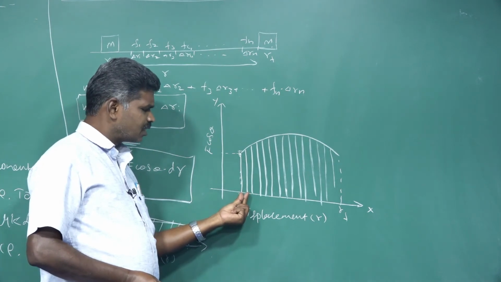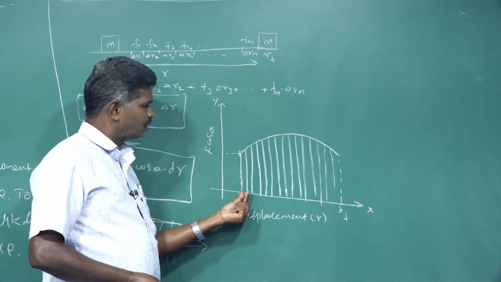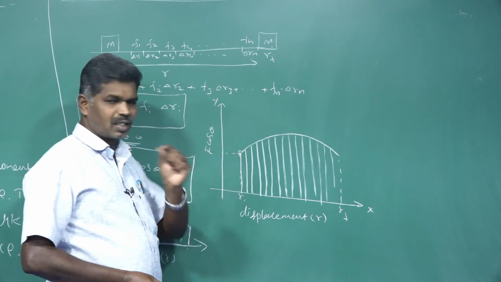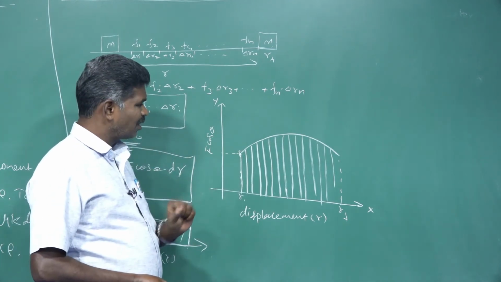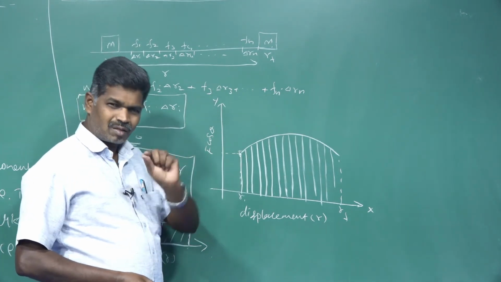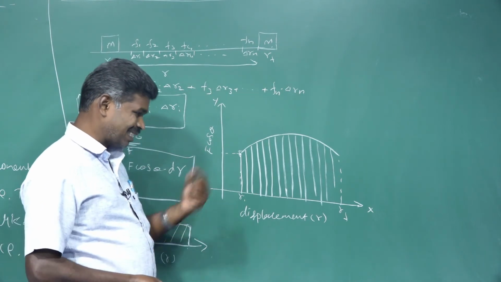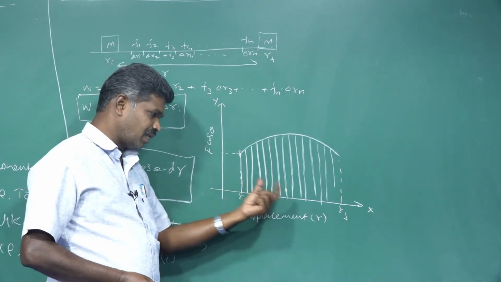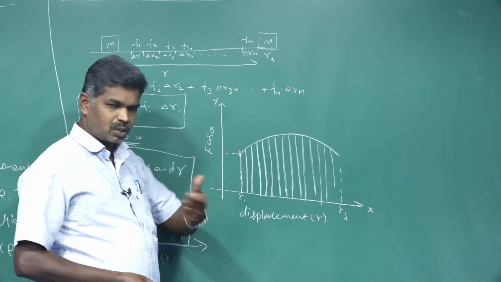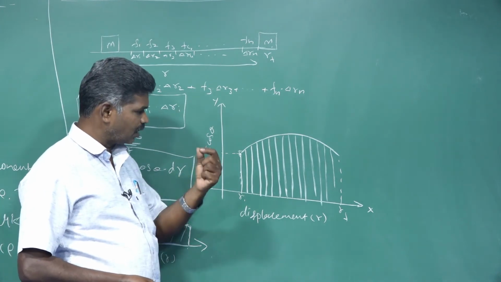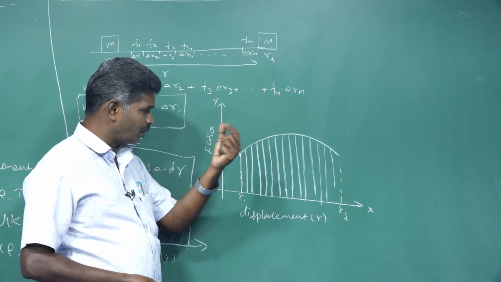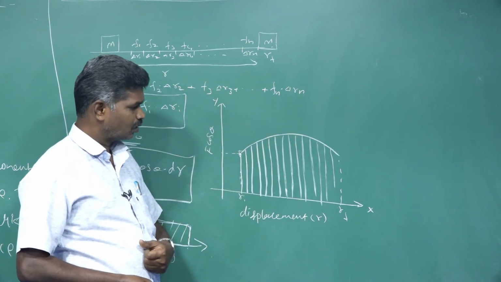We may take this as del R1 displacement. There the force may be considered as F1, constant or almost constant. Like that, for every small interval of displacement, we consider that our applied variable force is almost constant.